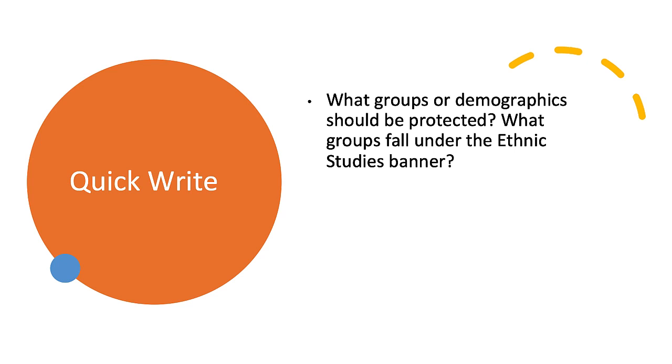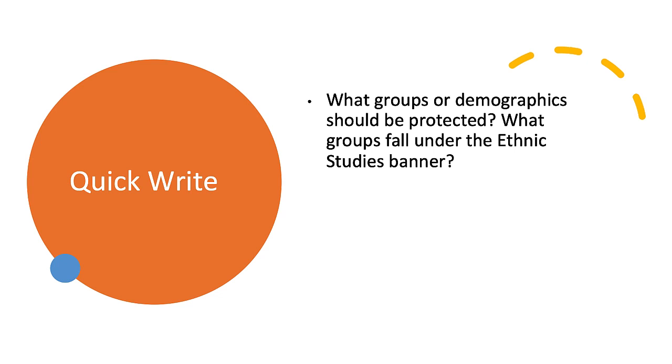So this first slide here, and you can go ahead and pause the video if you want, just to start thinking about some things. I'll read the couple questions, and then by all means, pause the video, take some time, think on this, because this will come up throughout the lecture and the entire class on ethnic studies, okay? So first, what groups or demographics should be protected?